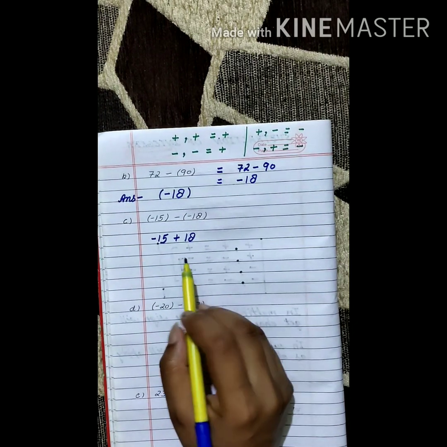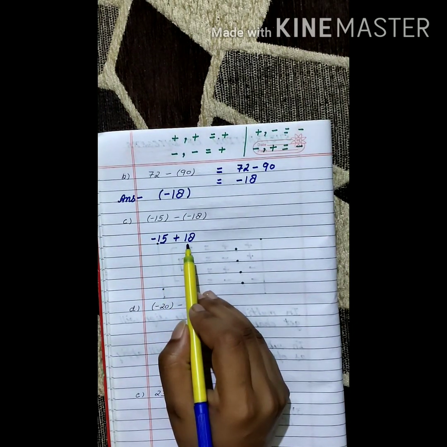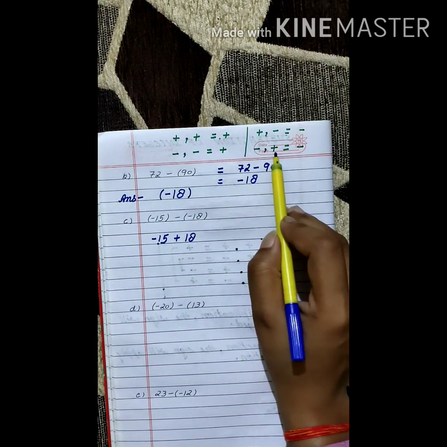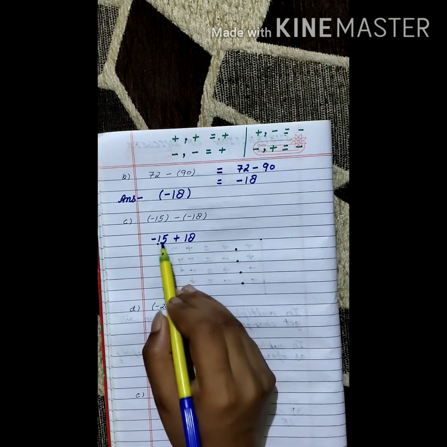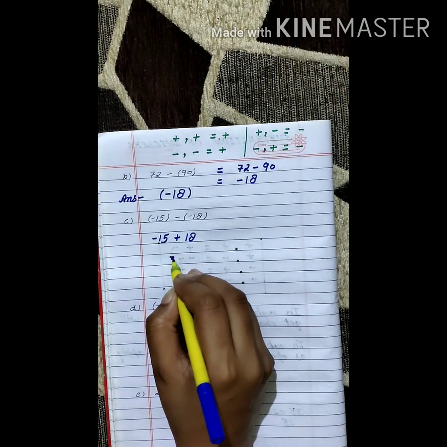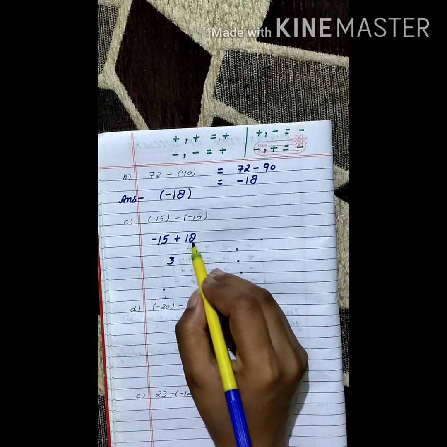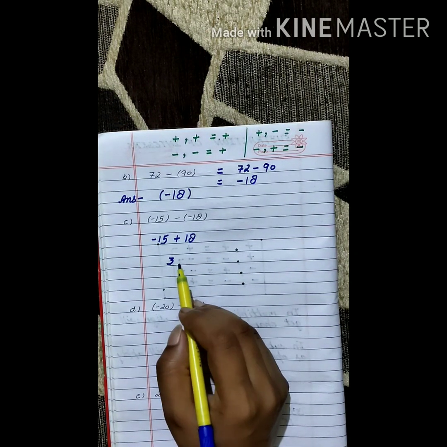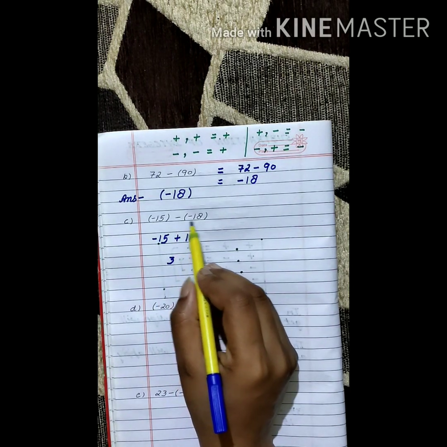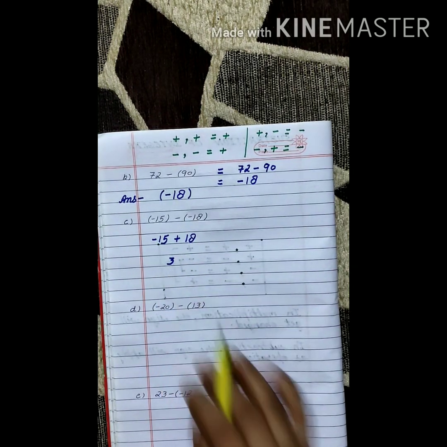Now we have two terms, one is negative, another one is positive, and minus plus is equals to minus, that means we will subtract these two terms. After subtraction, we will get 18 minus 15 is equals to 3. Here 18 is greater integer and it is positive, so 3 is also positive. Therefore minus 15 minus minus 18 is equals to 3.